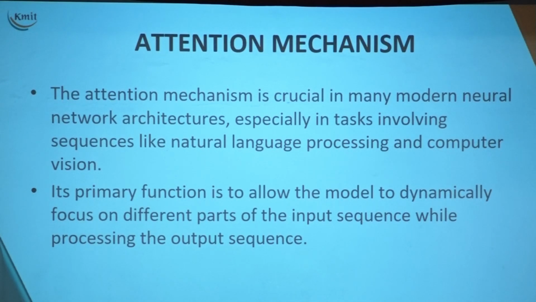So its primary function is to allow the model to dynamically focus on different parts of the input sequence while processing the output sequence. A major important point: you are running through your entire input sequence dynamically and concurrently rather than following it up sequentially. Clear enough? That's the beauty of the attention mechanism.